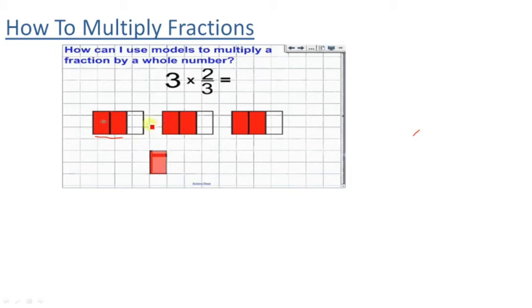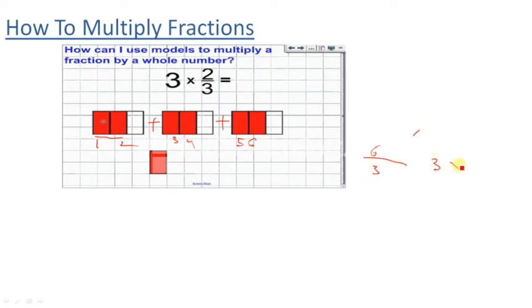So 3 into 2 by 3 means this is added with this 3 times. Now, how many covered parts are there? 1, 2, 3, 4, 5 and 6. So 6 covered parts are there, so it will be 6 divided by 3.